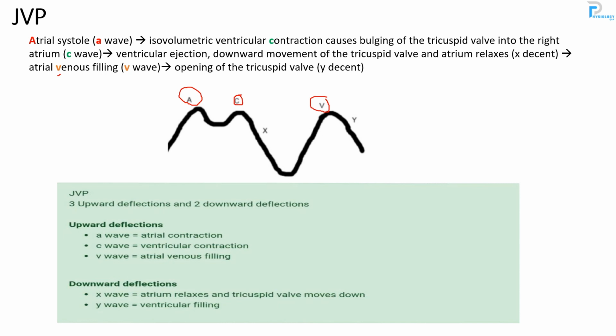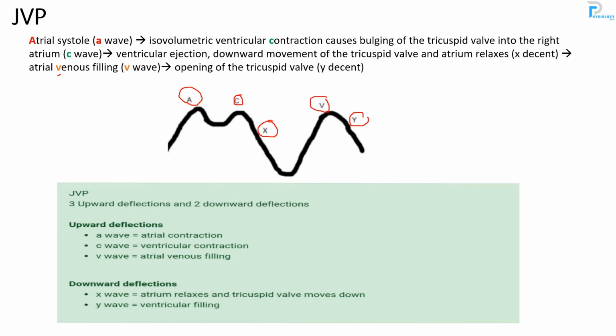The decrease in atrial pressure happens during ventricular ejection and also once the AV valve opens and the blood moves from atrium to ventricle. So once the semilunar valves open and once the AV valve is open, we can see the descent in the jugular venous pulse.